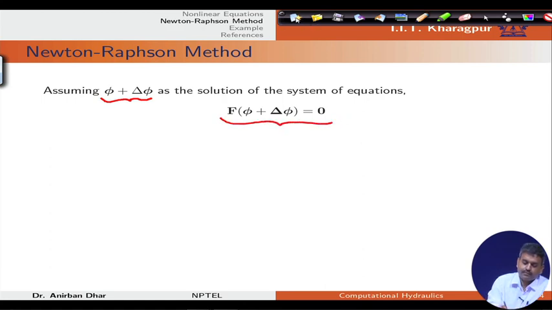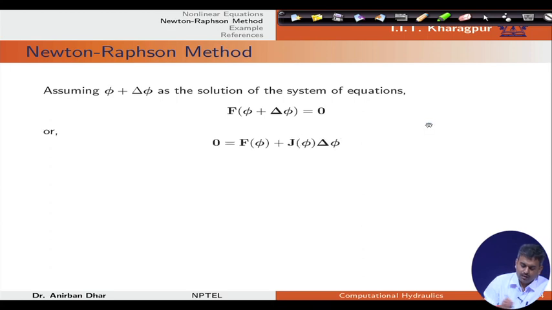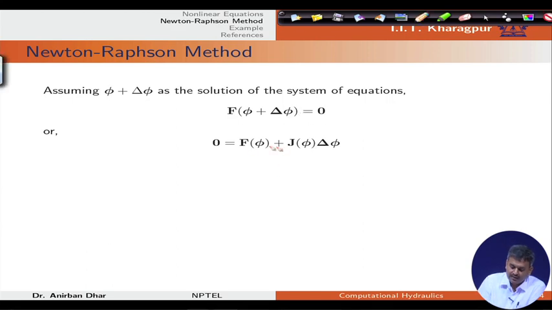Now, this is nothing but our previous equation. We have used 0 in place of f of phi plus del phi. Now, in this case we can write it like this. So, this is J(phi) del phi equals minus f(phi).